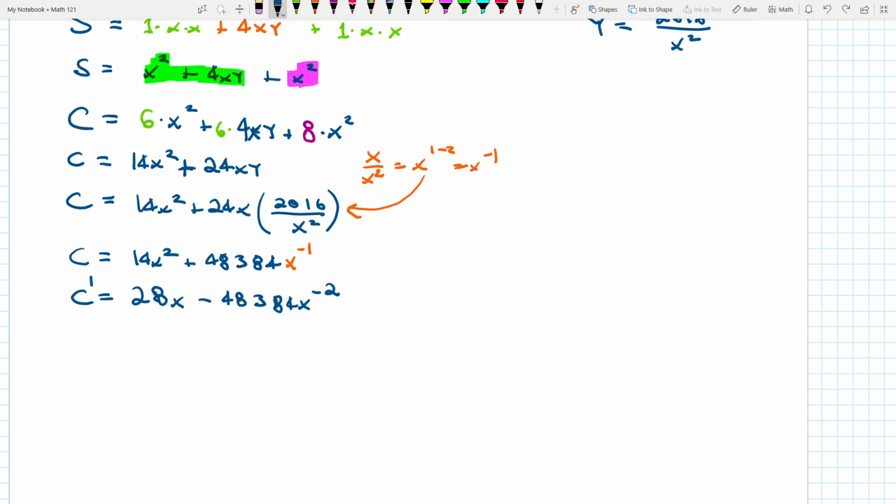So what are we going to do here? Let's set this derivative equal to 0. On the one hand, this is the same as c prime equals 28x minus 48,384 over x squared. So let's set this derivative equal to 0.